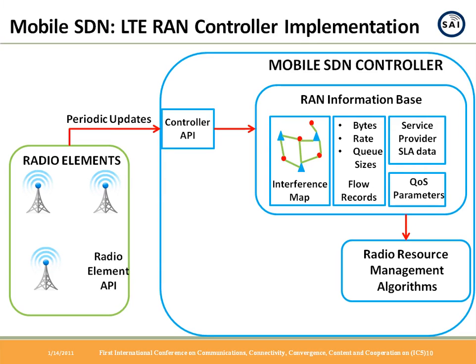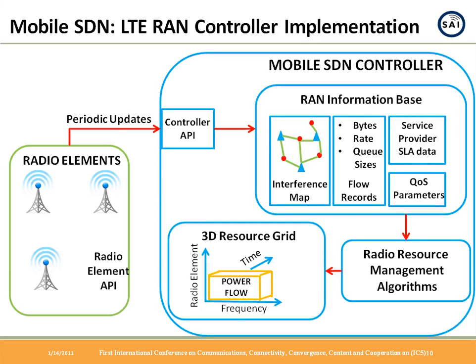Here the RAN controller has about four critical pieces. One component deals with the spectral map alignment aspect, mainly dealing with the frequency domain and time domain aspects.